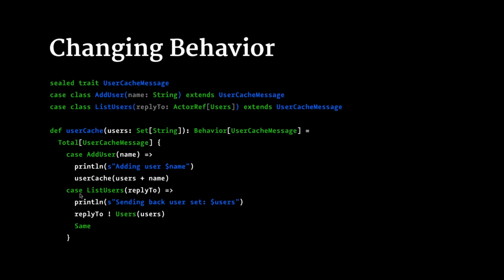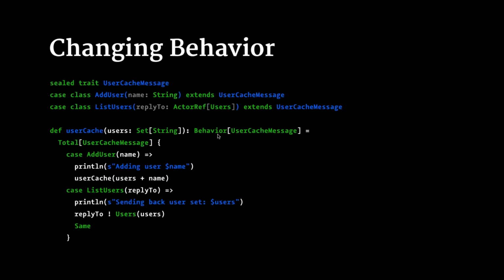So now we have an actor that can process two types of messages: add user with a username, and list users, which says just give me all the users you've registered so far. So an actor that keeps that set. Now, because we have two potential message types, we're creating a sealed trait in here, a small ADT that contains those two possible message types.